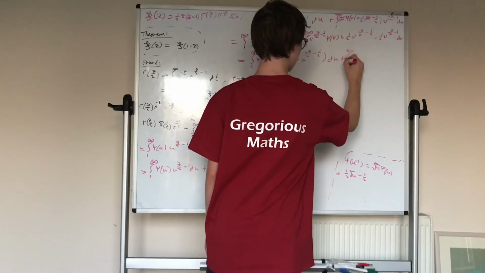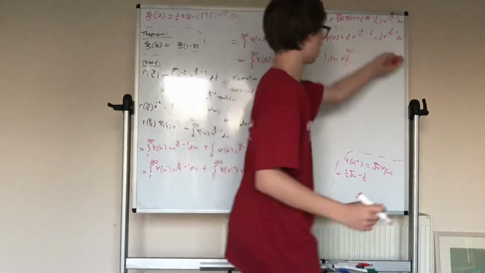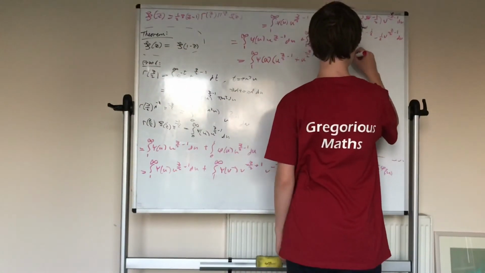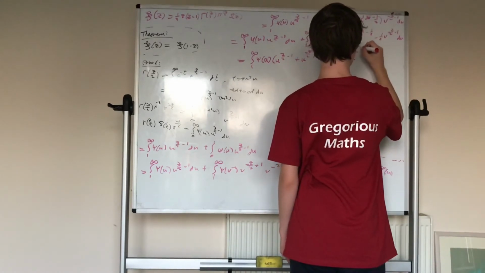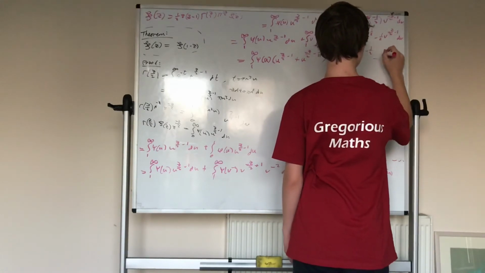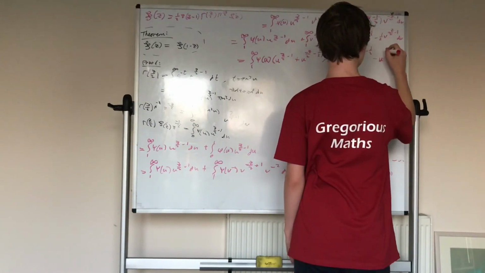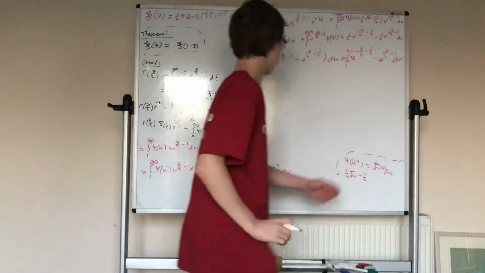And actually, we're going to factor out half of this minus this, of u to the negative z over 2 minus a half minus u to the negative z over 2 minus 1 du.